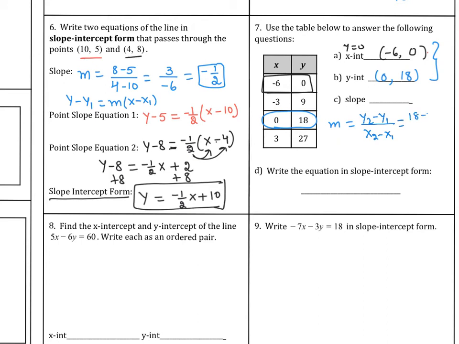So 18 minus 0 divided by 0 minus negative 6. So that's 18 divided by 6, so m is 3. Now we have a slope of 3, and you use the y-intercept, that is b, to write the equation: y equals mx plus b, and that is y equals 3x plus 18.